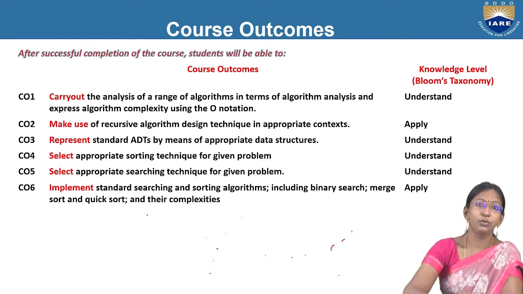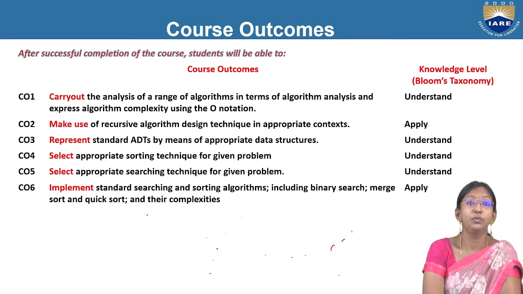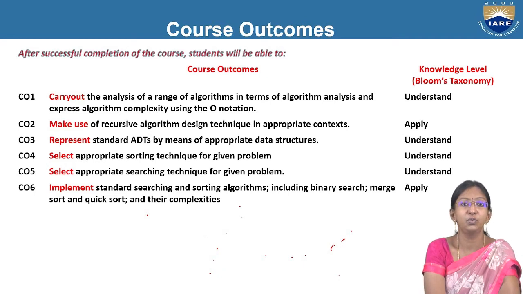Okay, let's go to the third outcome, that is to represent standard abstract data types by means of appropriate data structures, right? You will be able to understand the basic structures of data structure. For example, how a stack looks like, how a queue looks like.